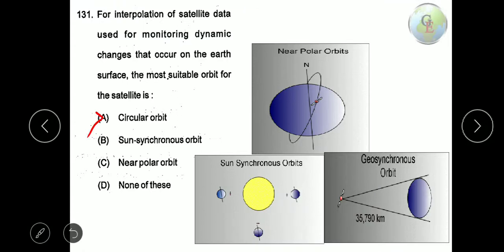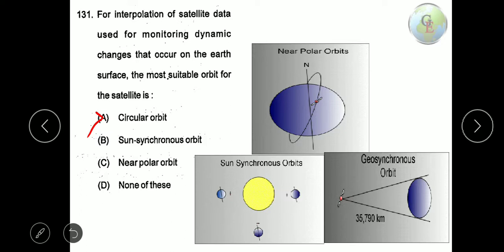Then, sun synchronous orbit. There are two orbits which are most important, that is sun synchronous orbit and geosynchronous or geostationary orbit. As you can see in the picture, the sun synchronous orbit is an orbit around the Earth where the movement of the satellite always looks the same when viewed from the Sun.